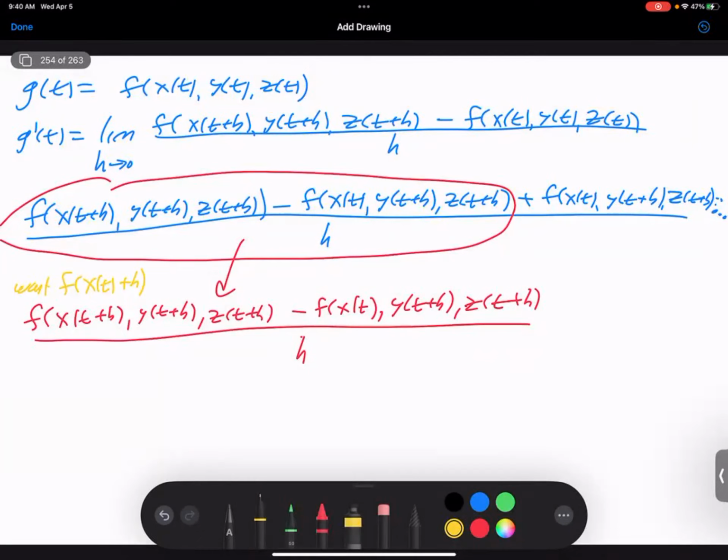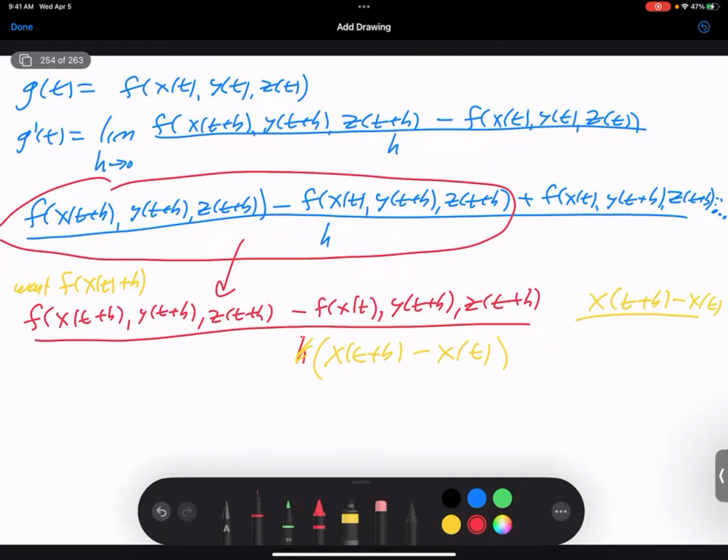I would be at the point x of t and I added h. Well, what I can do is I can play a little bit of a game. What I can do is I can multiply this by x of t plus h minus x of t, over x of t plus h minus x of t, and I'll move the h over.